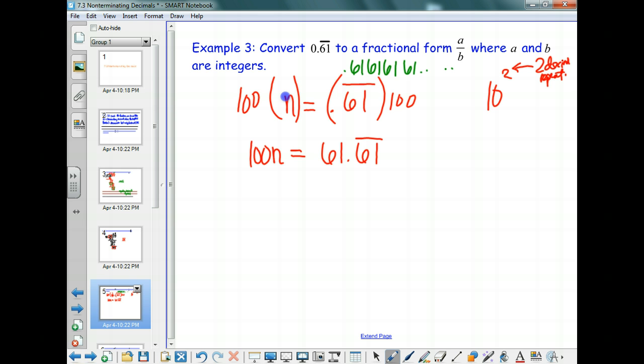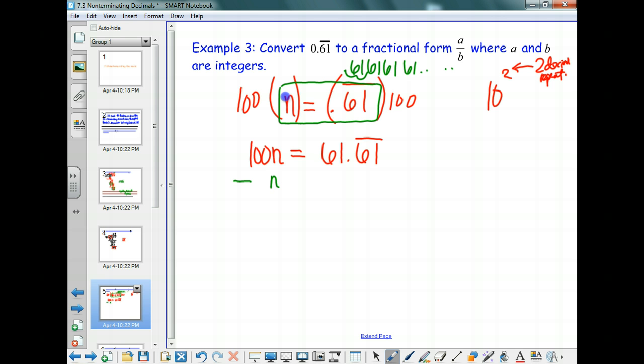So I'm moving the decimal point 2 to the right because that's multiplying by 100. So I have the 61, but then I still have the 61 repeating part. It's exactly the same repeating part as the one above. All right, okay so far? You may not be seeing where it's heading, that's okay, but are we clear with those steps? Okay. The next thing we're going to do is subtract the original value we started with.